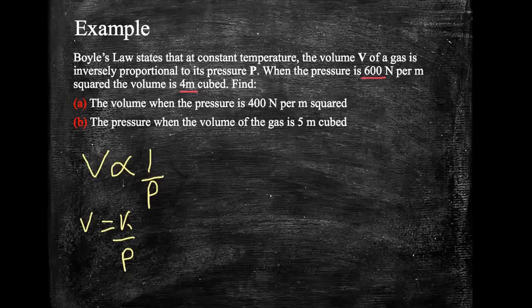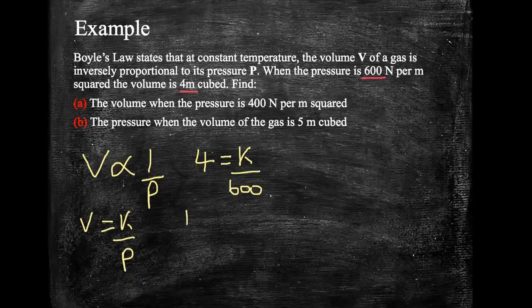So let's do that then. V equals k over P. What I need to do is say that when the pressure is 600, the volume V is 4. So 4 equals k over 600.